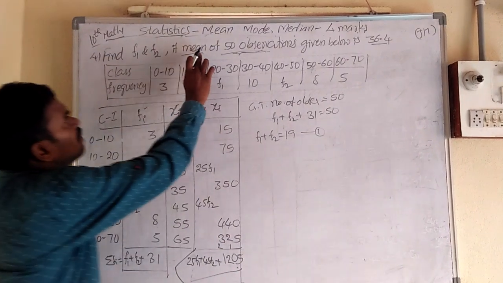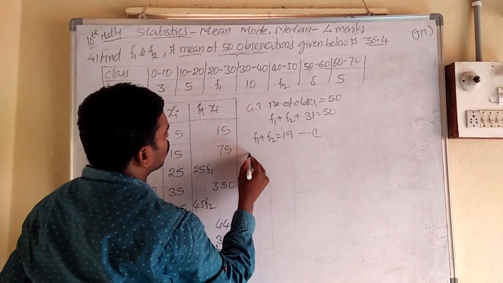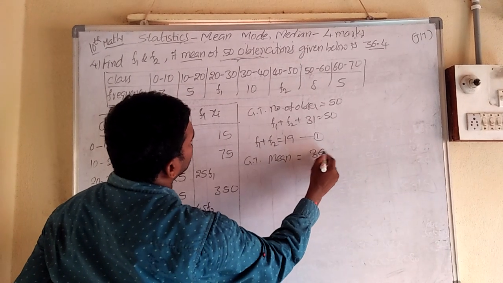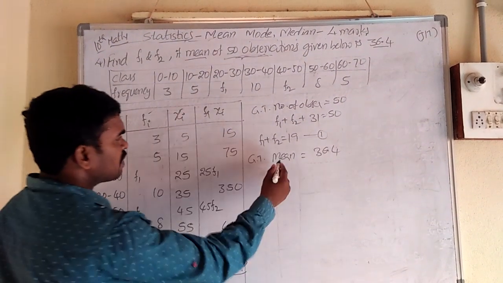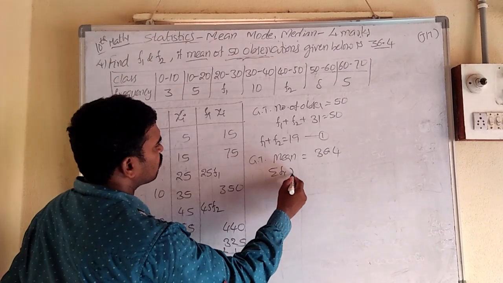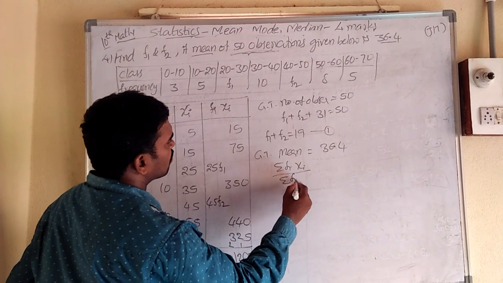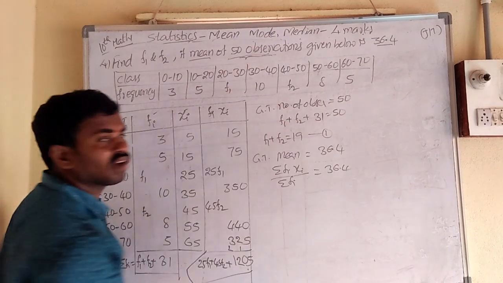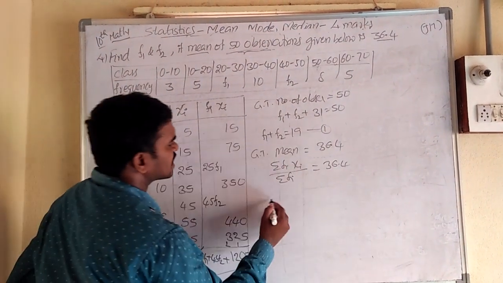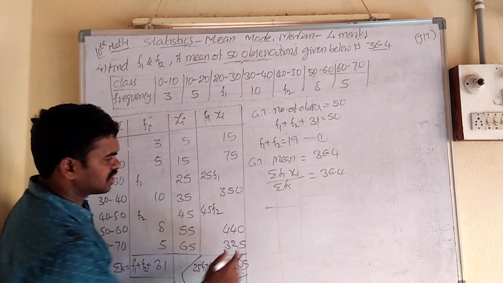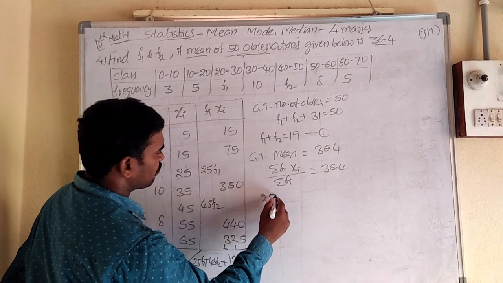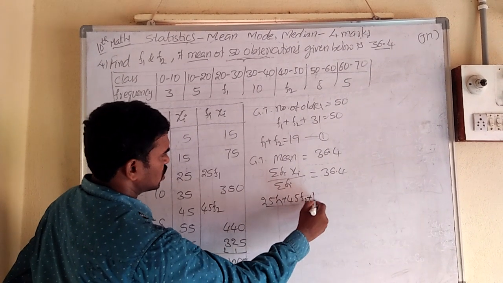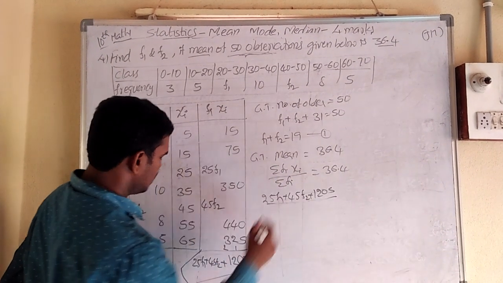Next, the mean is given as 36.4. So what is the mean formula? Summation fi xi by summation fi, equal to 36.4. Instead of mean I wrote the formula. What is fi xi? It is 25 f1 plus 45 f2 plus 1205, by summation fi.